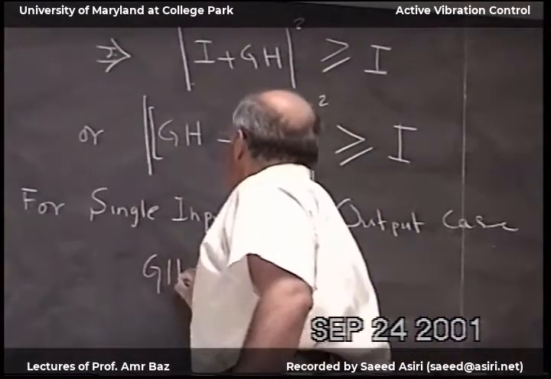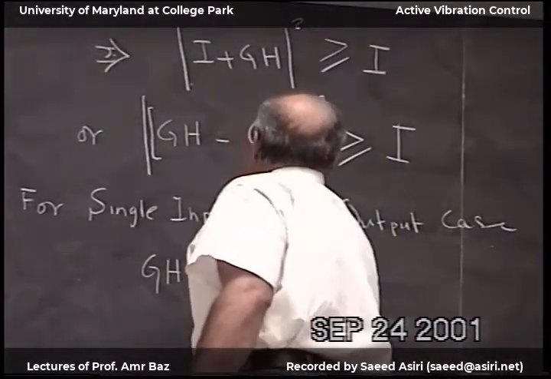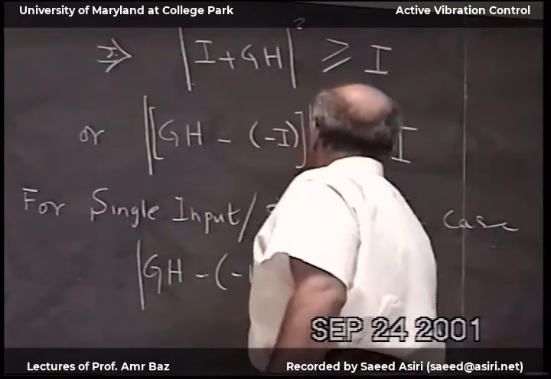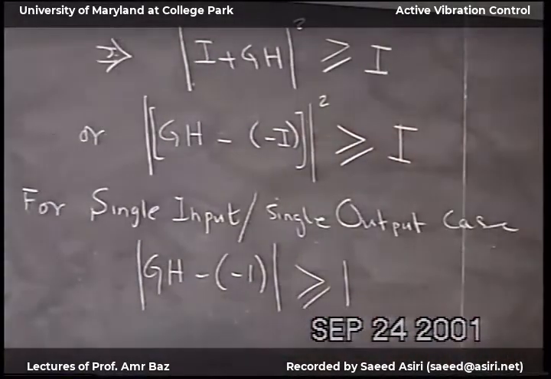So the GH minus 1 will be greater than or equal to 1.